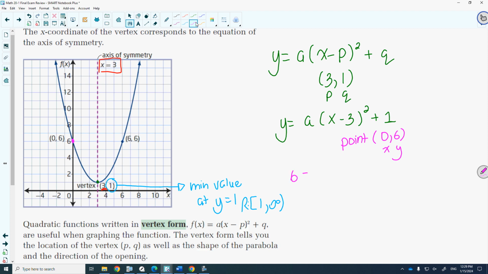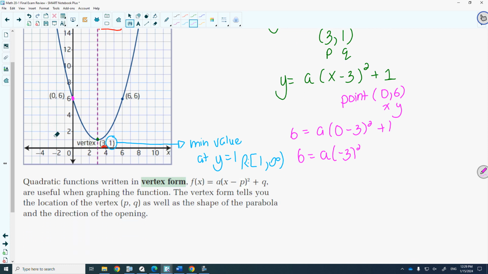So 6 is equal to a, 0 minus 3 squared plus 1. Remember, this is negative 3 in a bracket squared, so be careful with that. Plus 1. 6 is equal to 9a plus 1. Subtract 1 from both sides. 5 is equal to 9a, and my a value is 5 over 9.